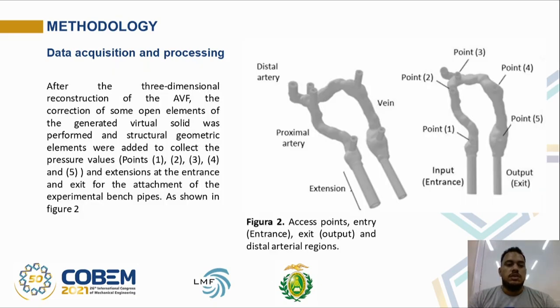After the reconstruction, some open elements of the generated virtual solid were corrected, and structural geometric elements were added to collect the pressure values at points 1, 2, 3, 4, and 5, along with extensions at the entrance and exit for the attachment of the experimental bench pipes.